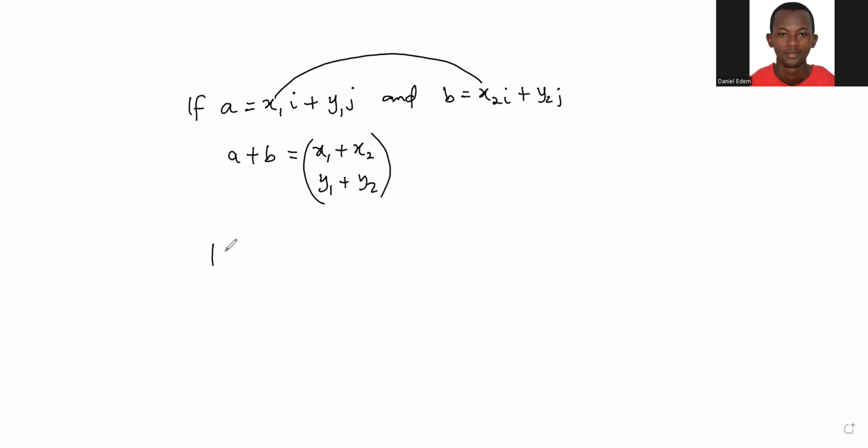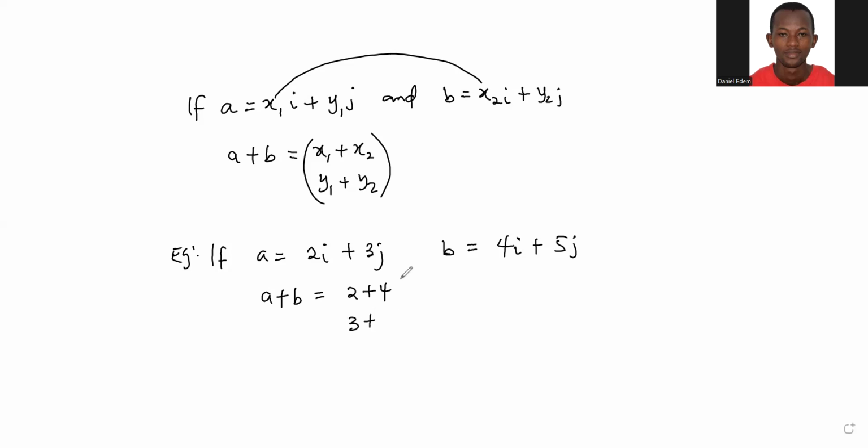So what it means is if I have A, for example, to be 2i plus 3j, and I have B to be 4i plus 5j. If I want to find A plus B, it simply means 2 plus 4 and 3 plus 5, component-wise. You add them component-wise, all the i together and the j together.